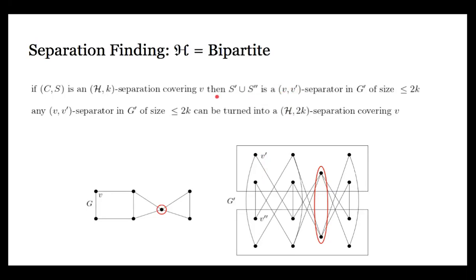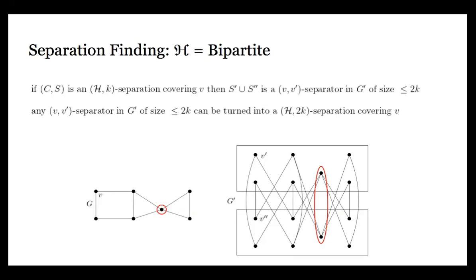So we can construct the graph G prime and just look for a minimal cut between V prime and V double prime, and if such an h-k separation exists, then we are guaranteed to find a cut of size at most 2k.